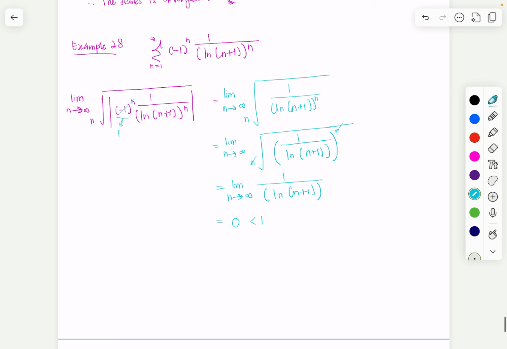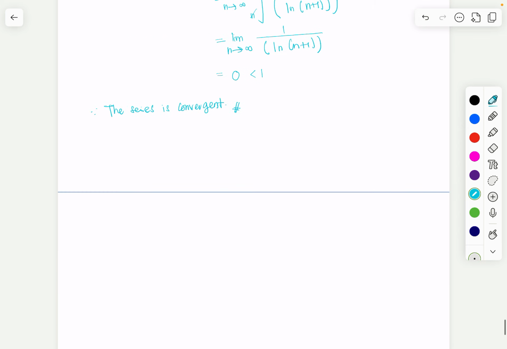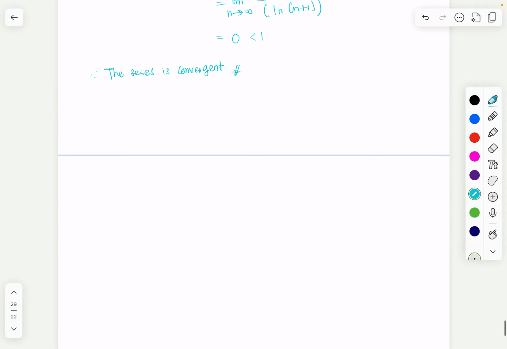So based on the condition from the root test, therefore the series is convergent. Or you can say that the series is absolutely convergent, then it is also convergent. Okay, convergent.